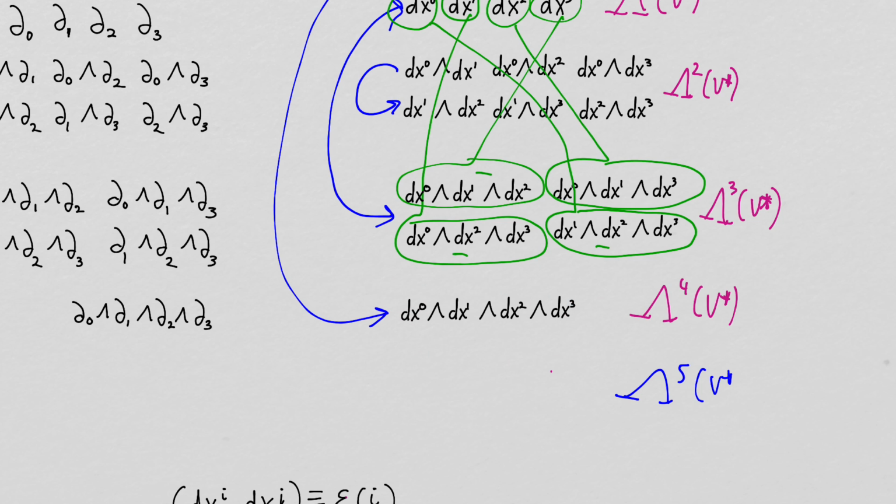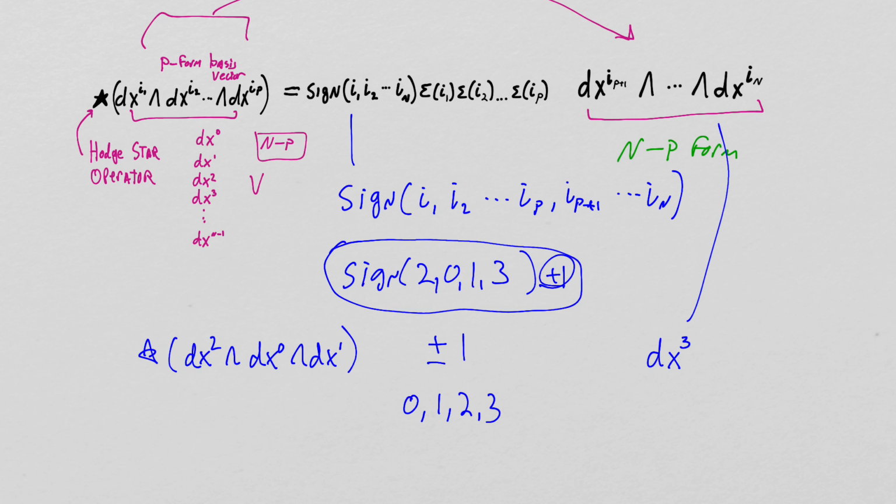And in order to conform to this, because this is an arbitrary choice, I could have chosen dx1, dx0, dx2, dx3 if I wanted to. But we like to do this increasing order sequence thing. So when we do that, we end up introducing this sign term to kind of keep track of how you may be organizing your basis vectors on the left and right of this equation. So that takes care of this term. It'll give you a plus or a minus 1.